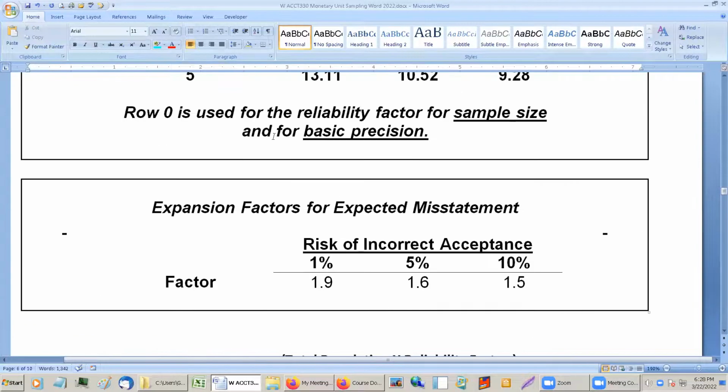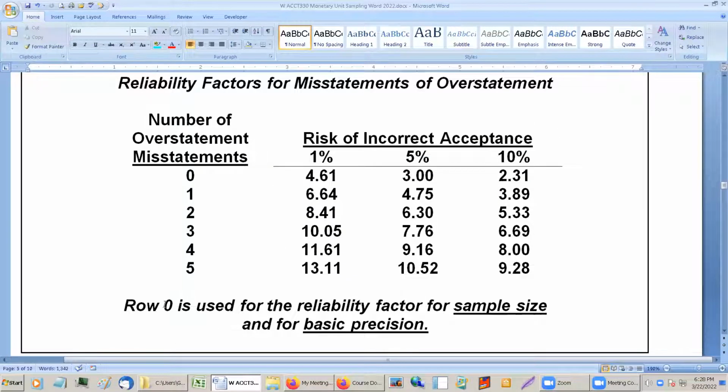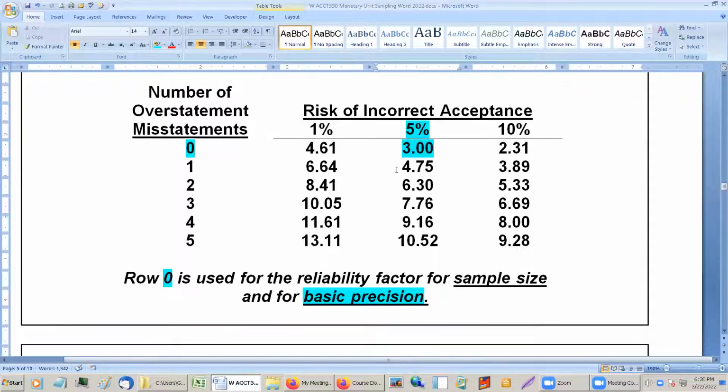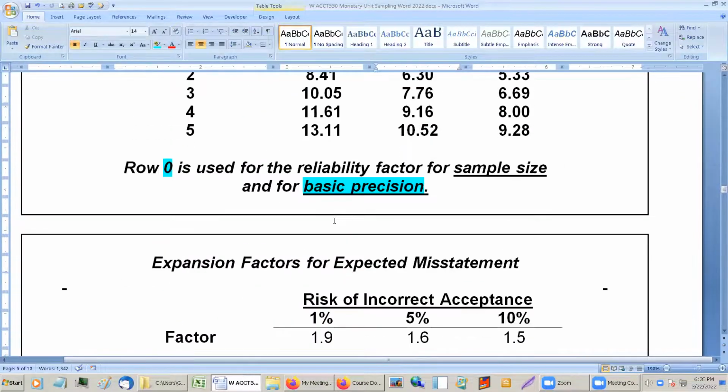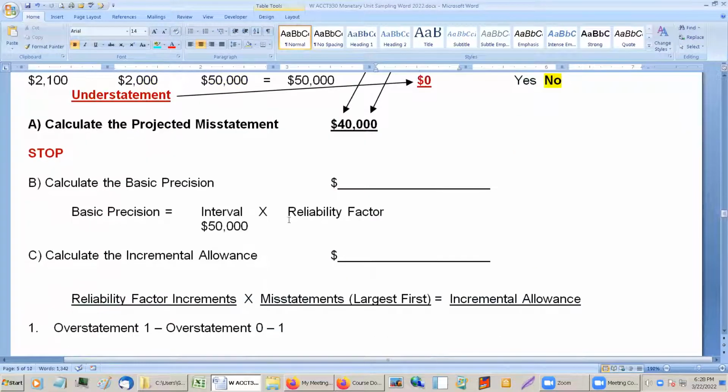So I'm going to come up here. Row 0 is used for sample size and basic precision. So row 0, 5%, and the factor is 3. So we're going to multiply it by 3. $150,000.